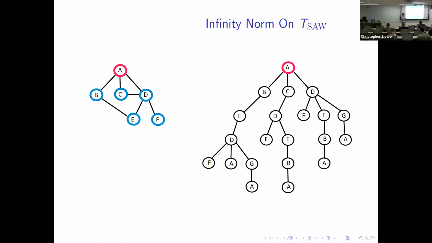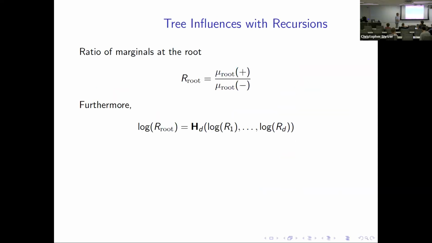So in the tree, I need to bound the influence of A on all vertices in the tree, from this previous reduction. And why is this nice? Because now we can just start playing this game with recursions. The tree is much easier to work with.